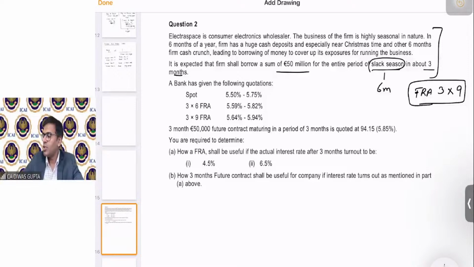Perfect. Yes, Satish, you are right. 3/9 is the right quotation for this FRA.